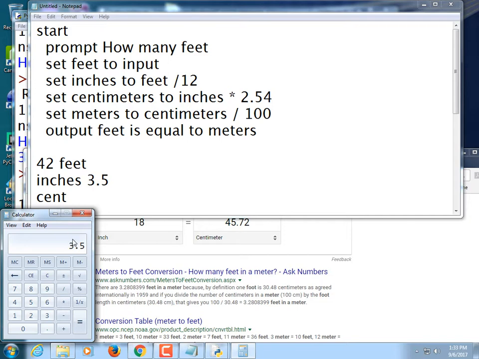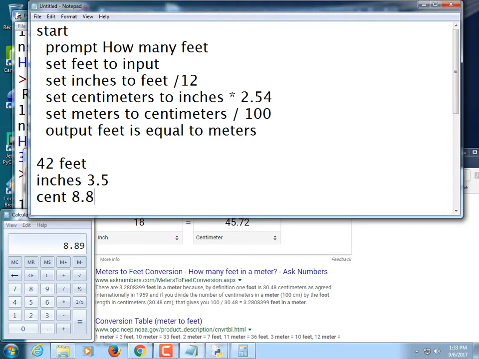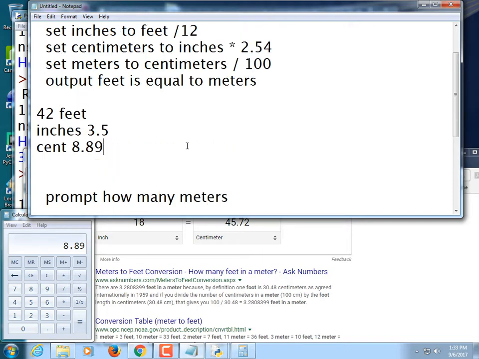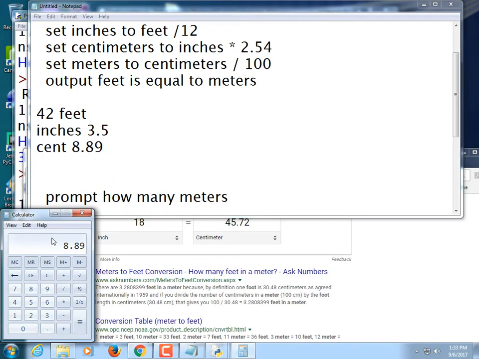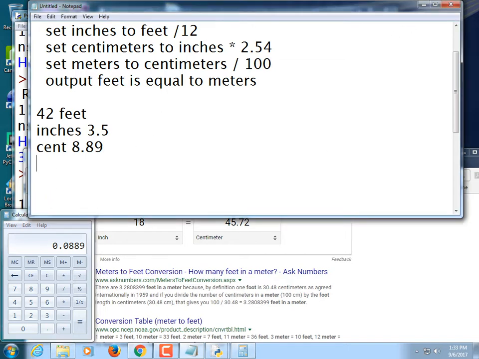Then 3.5 times 2.54, 8.89 centimeters. And then we want to divide by 100. 0.0889. That's not right.